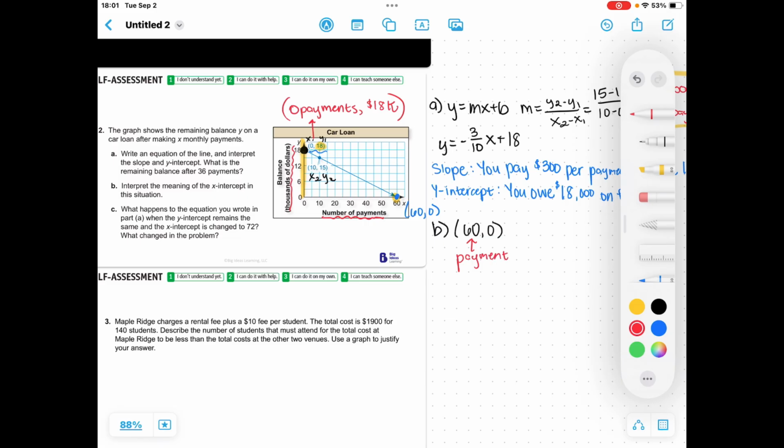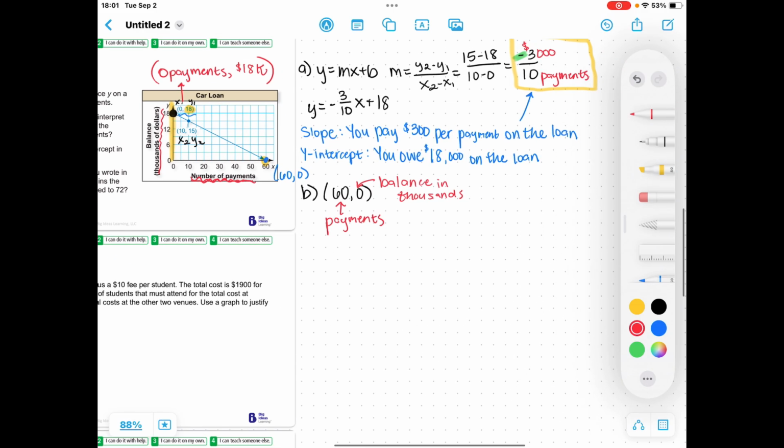And I'm told that because of the x-axis, the 0 here is the balance of that loan in thousands.